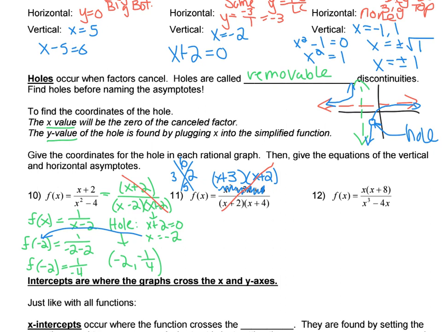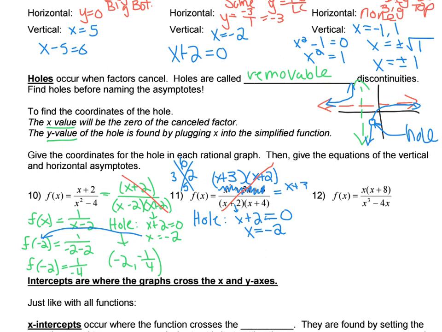So if we are asked to find a hole, let's take only the canceled factor, x plus 2, and set it equal to 0. So we got x equals negative 2 is part of our hole, but not everything. We need the y value. So if we need the y value, we need to simplify this rational up top.